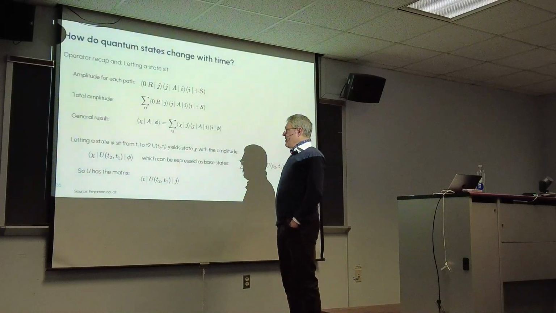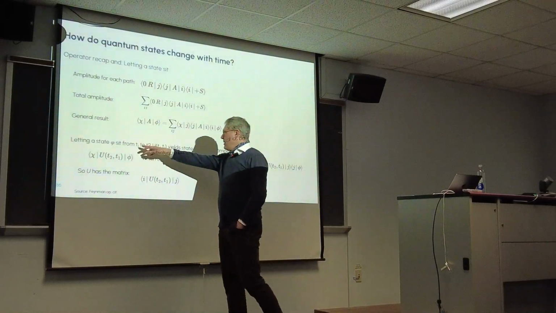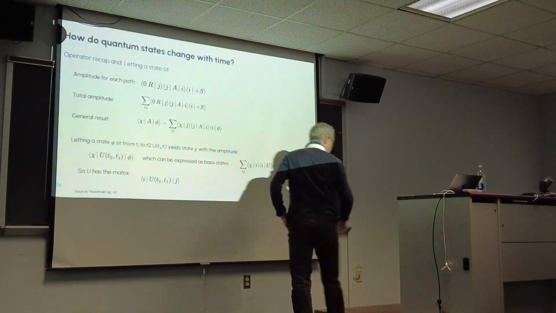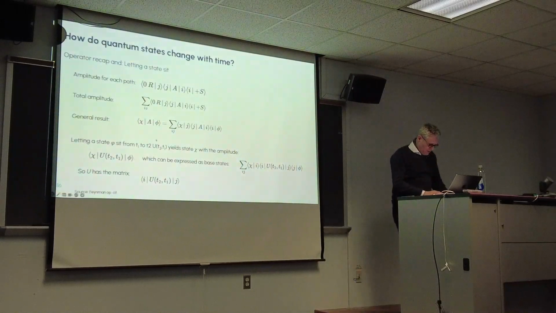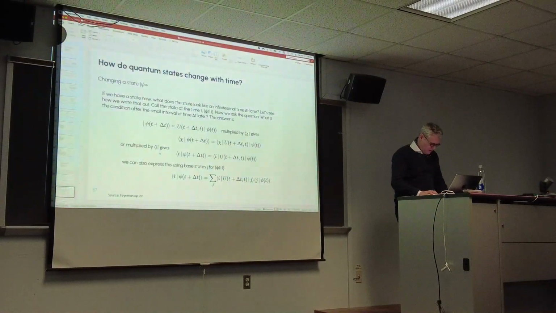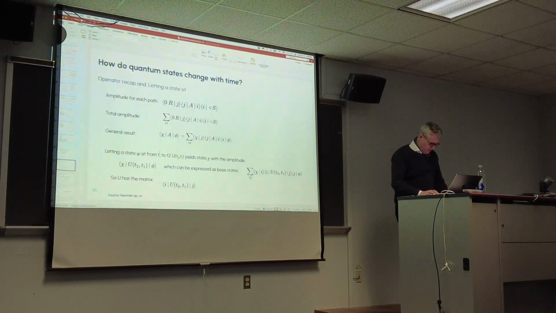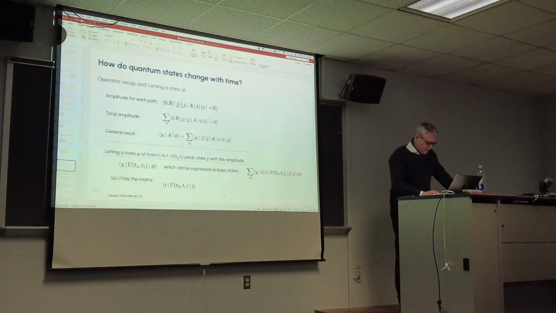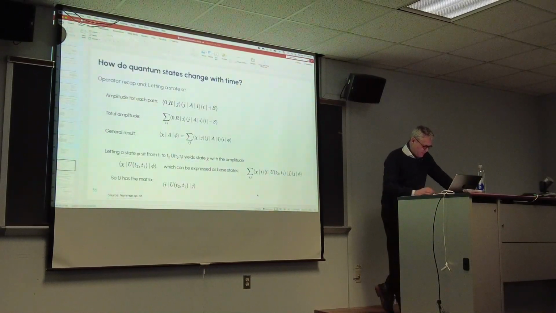And now, if I have the state phi, and I let it sit, then this function U of t2, t1 yields state chi with the following amplitude.